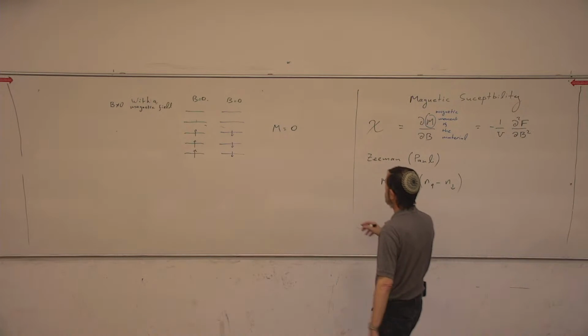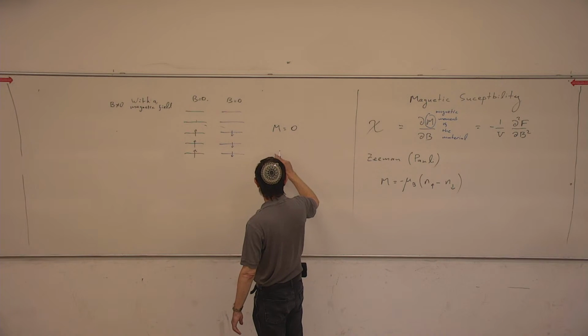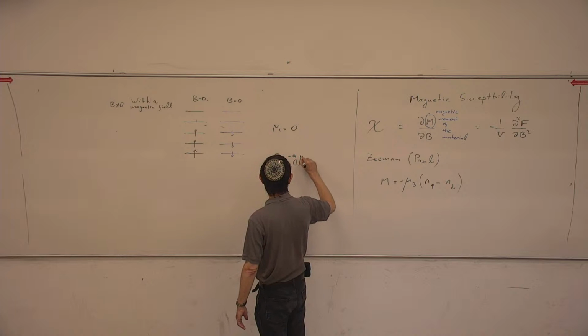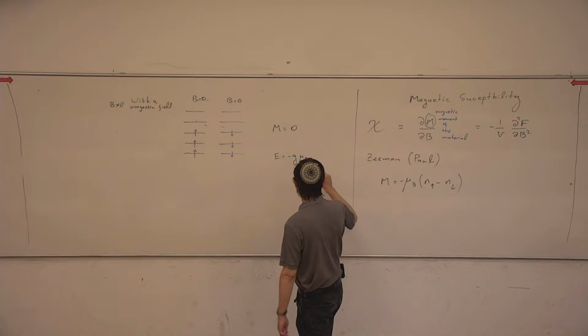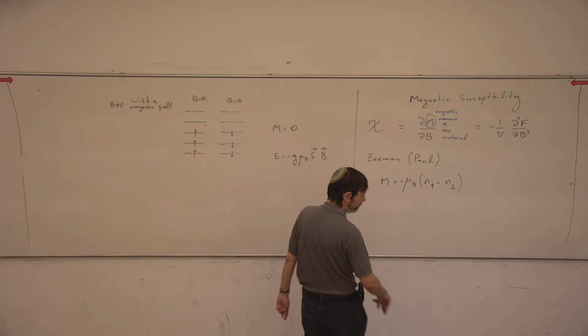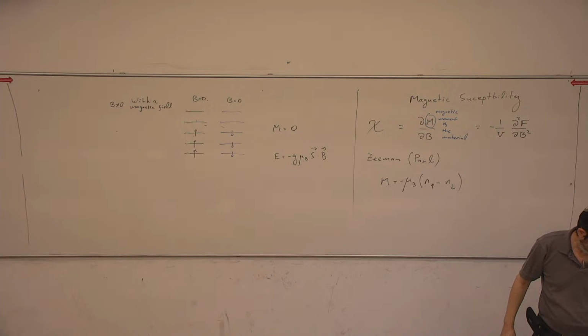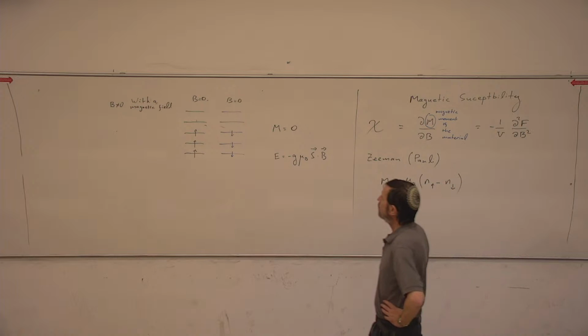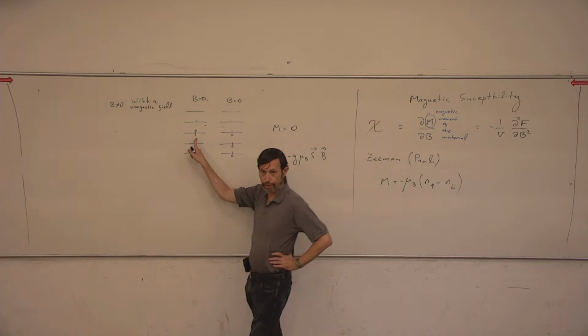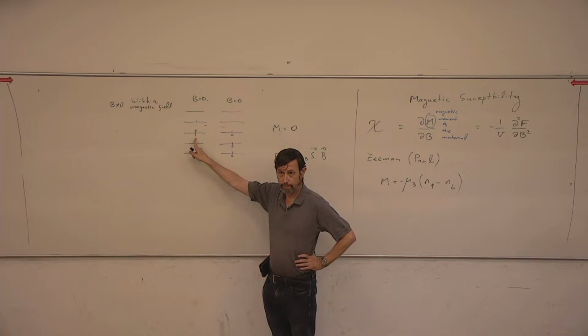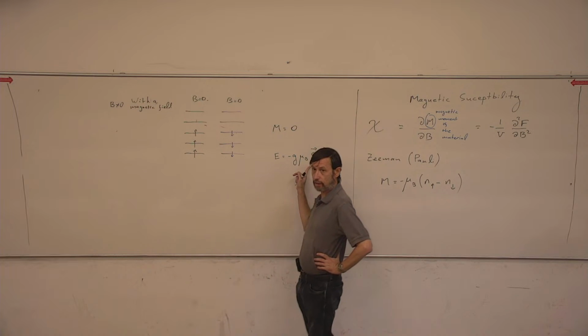Okay, let's look at the Zeeman term, which says that spins which are in the direction of the field pay less energy.